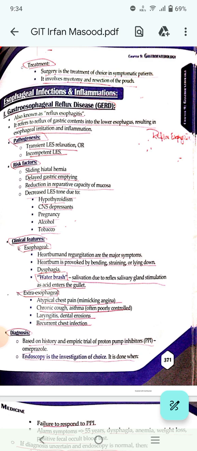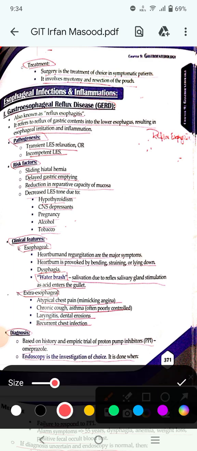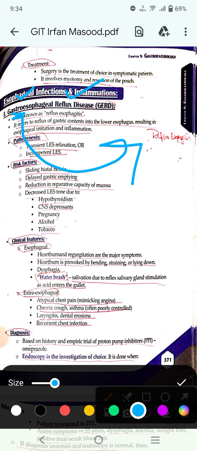As its name indicates, gastroesophageal reflux disease, it must come to your mind that there is reflux of something. But reflux of what? Here it is gastroesophageal, so it is the reflux of gastric contents or gastric juice or gastric acid mainly. Where is the gastric acid present? In the stomach. Gastro here means stomach, so from the stomach there is reflux of the gastric acid or gastric contents into the esophagus, and mainly the lower esophagus is involved here.